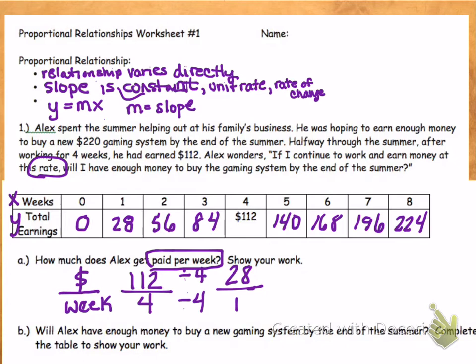And so then, will Alex have enough money to buy the new gaming system by the end of the summer? Yes, he would, because he would have $224. So yes, he has enough, or would have enough at the end of the summer.